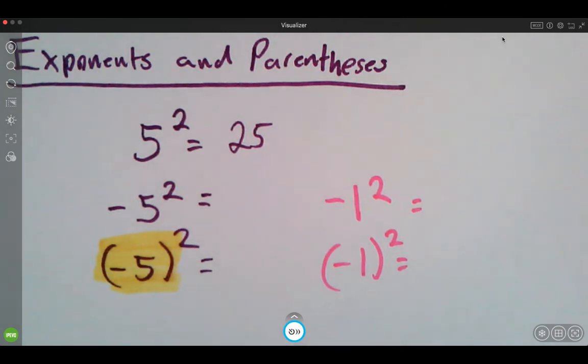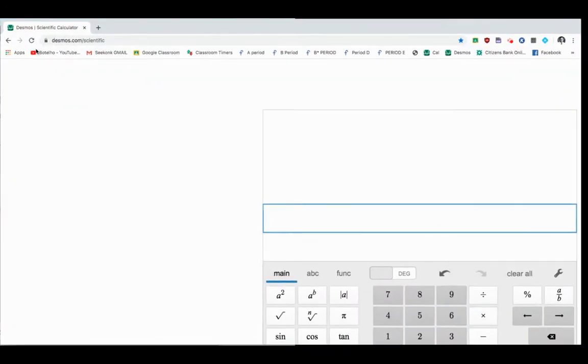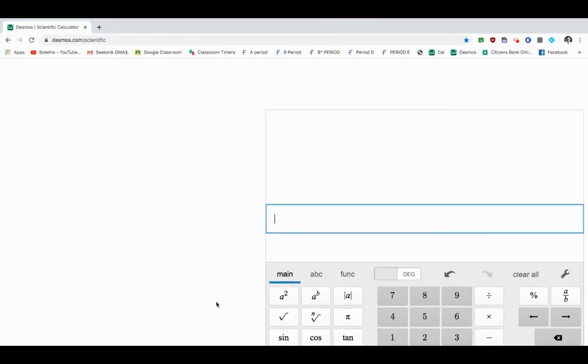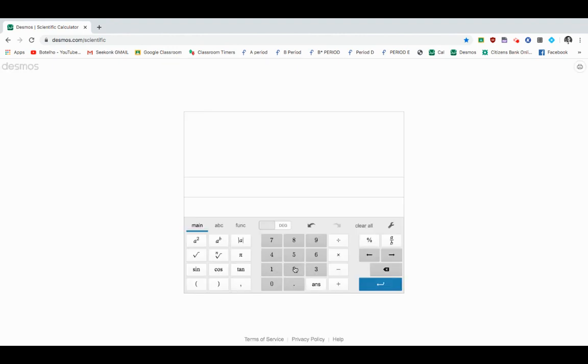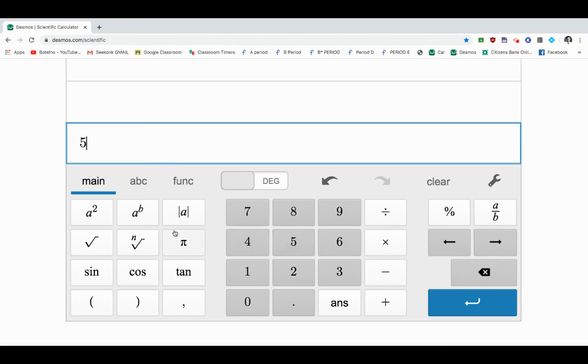So let's take a look at this in the calculator to see the difference, and then we'll talk more about it. So if I go in here, let me just zoom into the right part of this calculator. Okay, so this is good. Obviously, we said 5 squared is 25, right? Now, if I do -5 squared, now check this out.